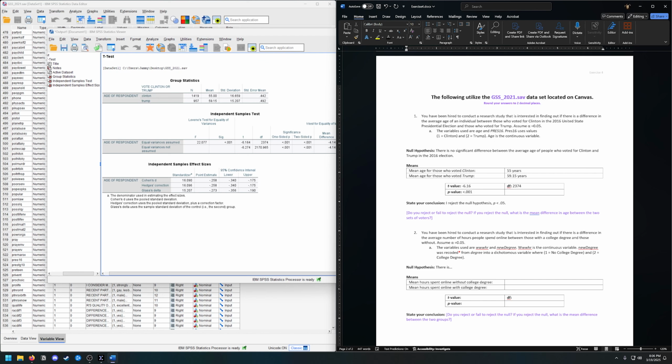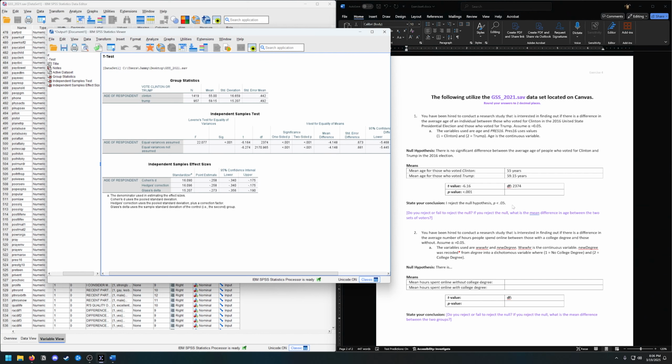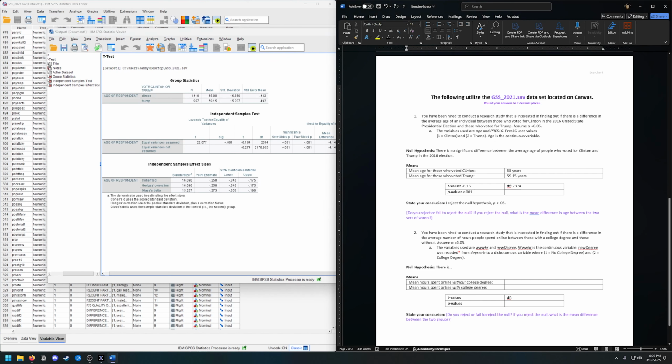0.05. If you reject the null, which in this case we are, what is the mean difference in age between the two sets of voters? Well, that's also, incidentally, right here. So, let's see.